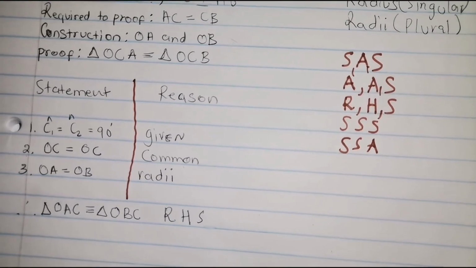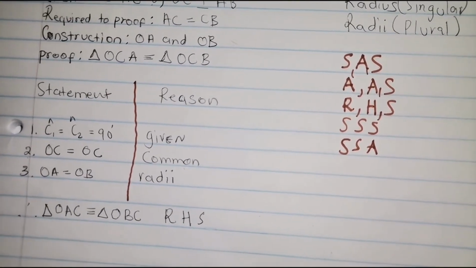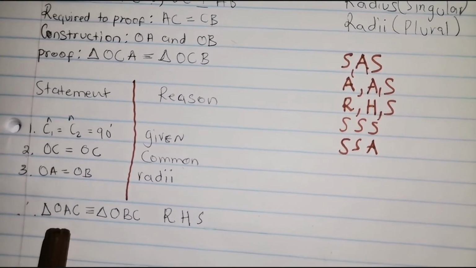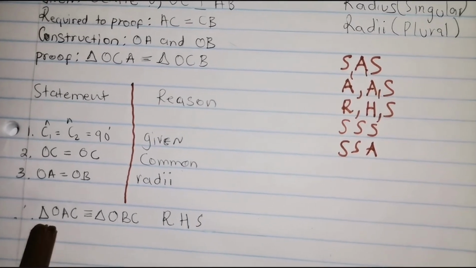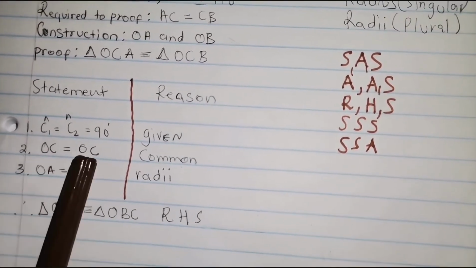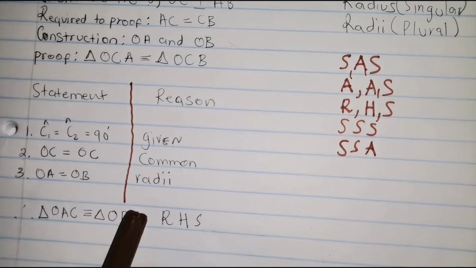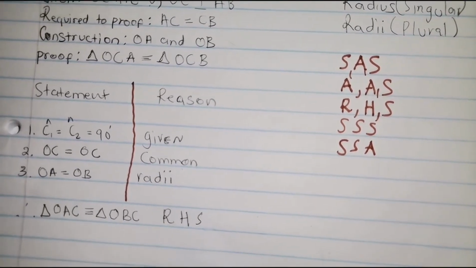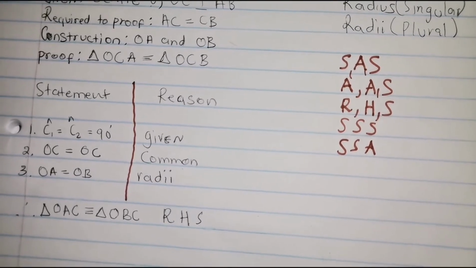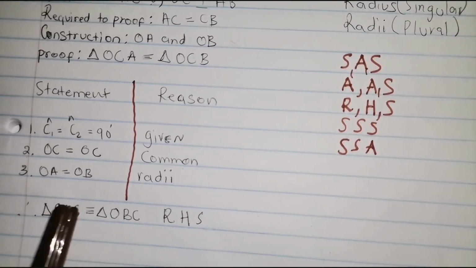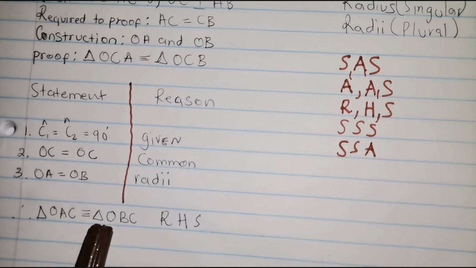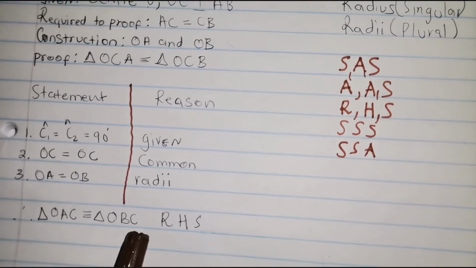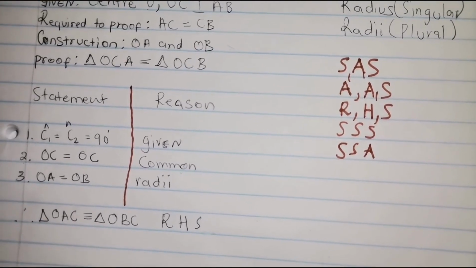Their placement when you conclude needs to be in order: OA, OB, OC, OC, then C1, C2. It is in order, guys.